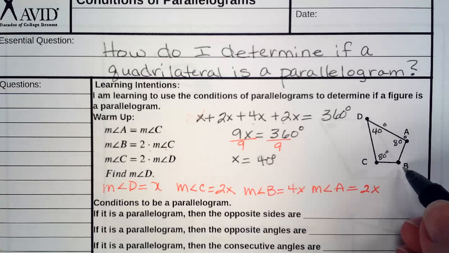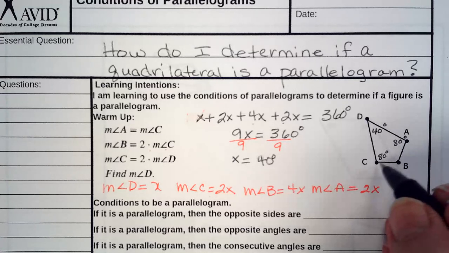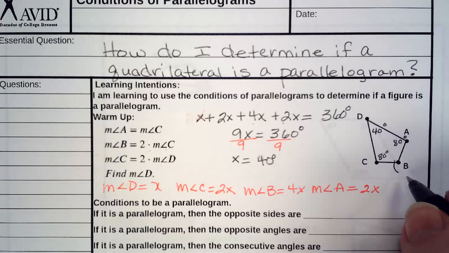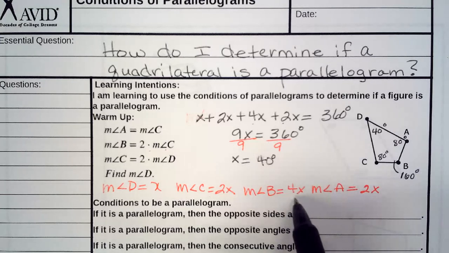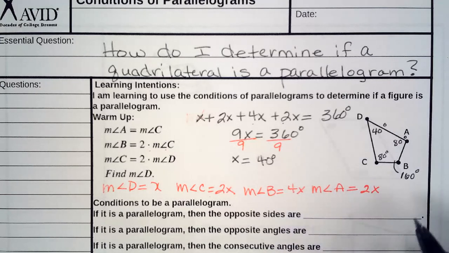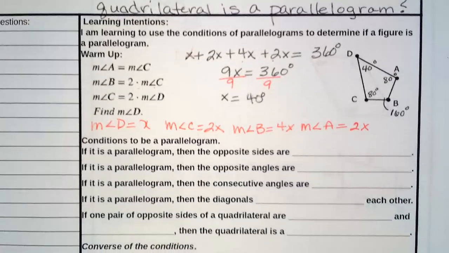And then the rest would be angle B. So we've got 40, we've got 160, that gives me 200. 360 minus 200 is 160 degrees, or 4 times 40 is also 160 degrees. So you're able to find all those pieces by setting up your equation.